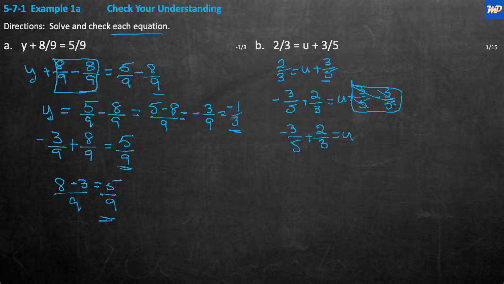Okay, so if we multiply them, there's going to be a 15 in the denominator. But in order to multiply these two together, whatever we multiply this denominator by, which is the 3, we've got to multiply the numerator by that 3.